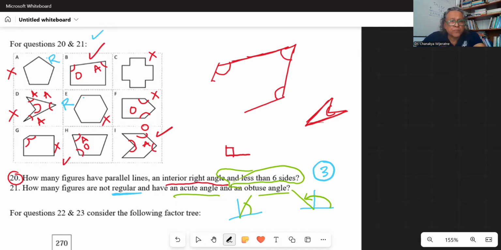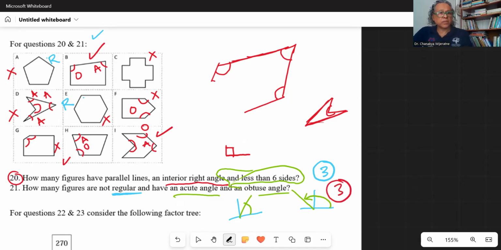Only three. Let me see. This one also we need to count. No, we don't count because no obtuse angle. D is not correct. So only three. So the answer is three.